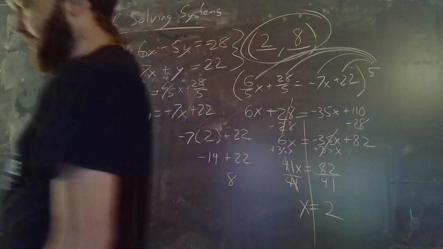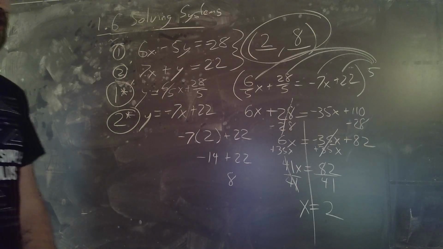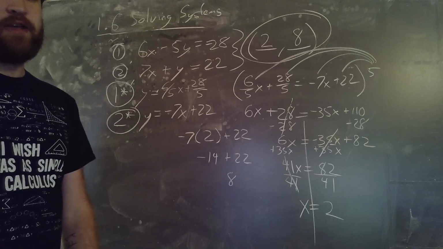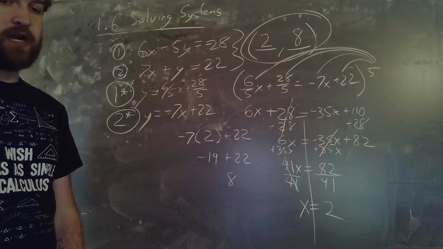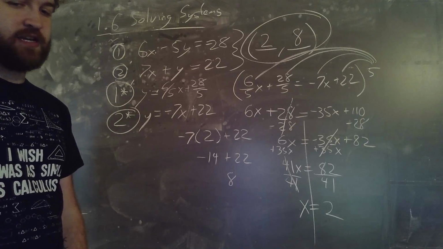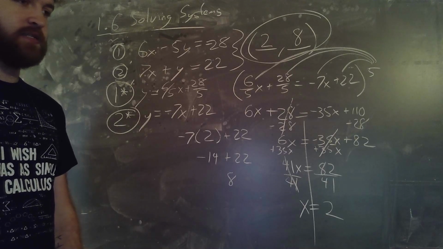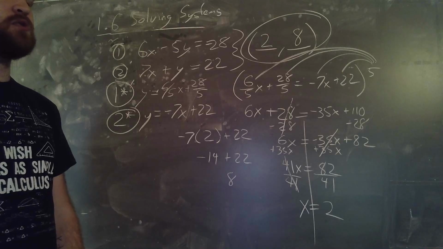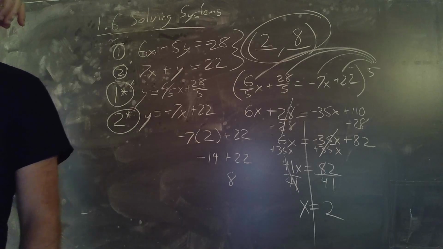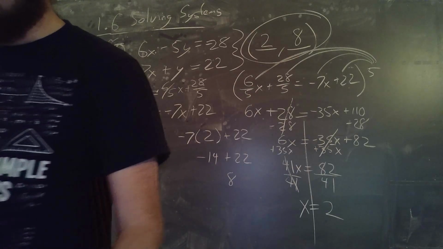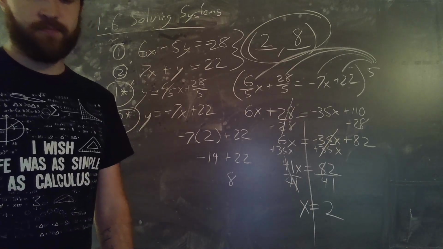So there's a lot of writing, but nothing here is actually all that difficult. You just need to make sure that you write very clearly. If you need to use a whole page for a problem, do it. Don't try to write in the margins just because you're running out of space. The best way to get good at this is to organize your notes in such a way that you're using more paper rather than less so that you can see everything that you did. Lastly, always double check to make sure that your answers work.